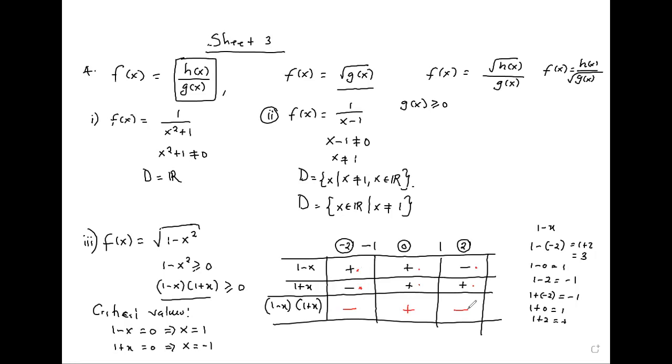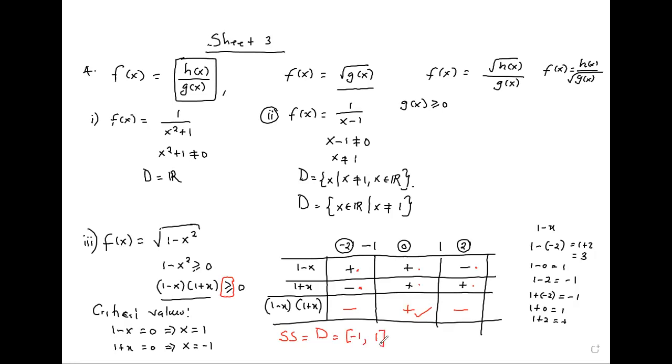So the solution set, which in our case is the domain, is going to be where it is greater or equal to 0, meaning where it is positive. Anything bigger than 0 is positive. So you start from -1 all the way up to +1.